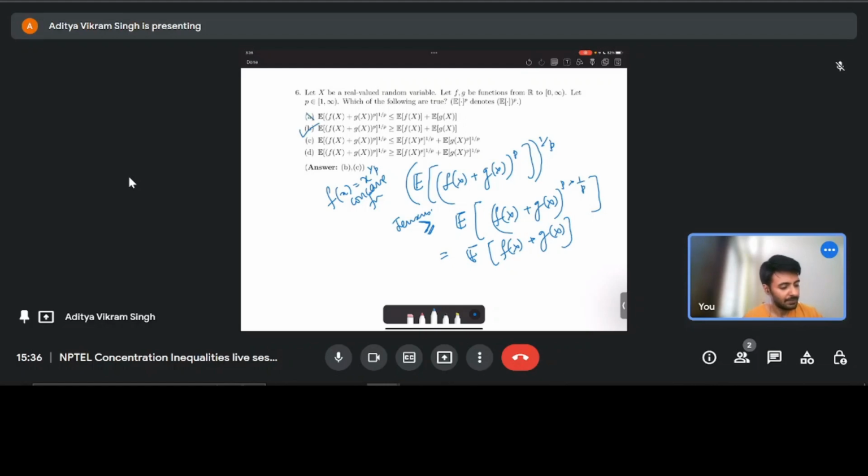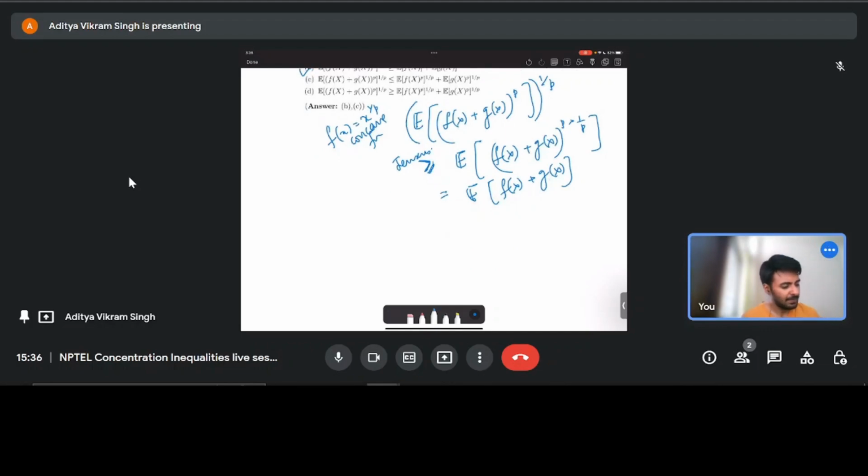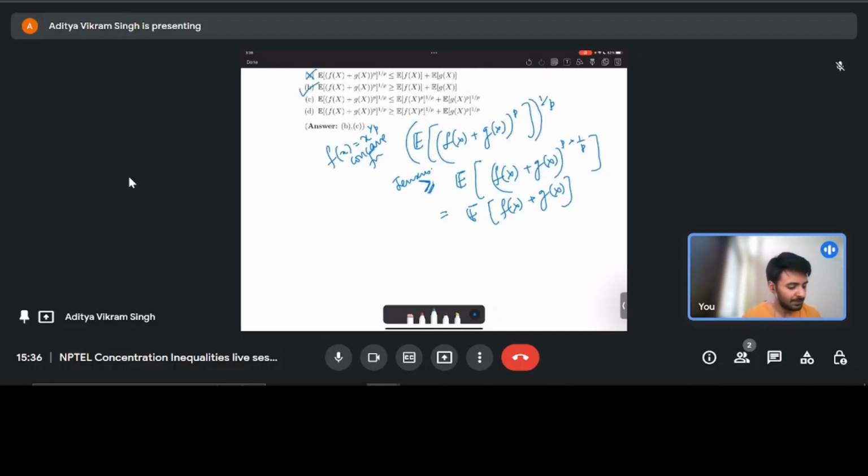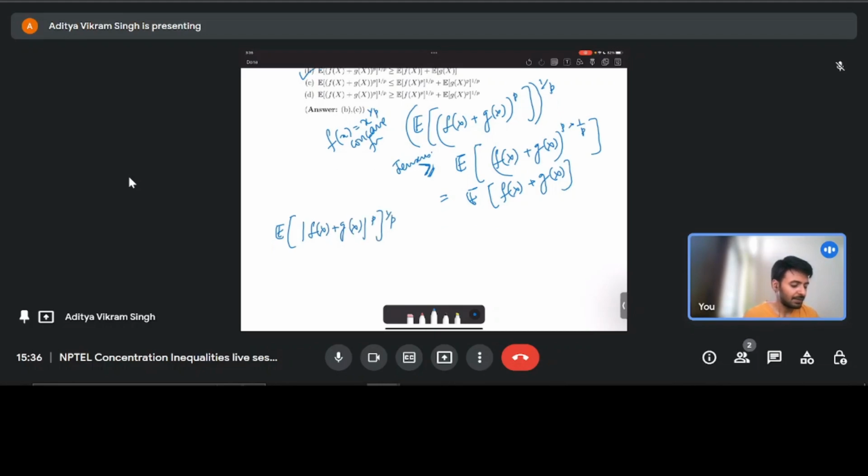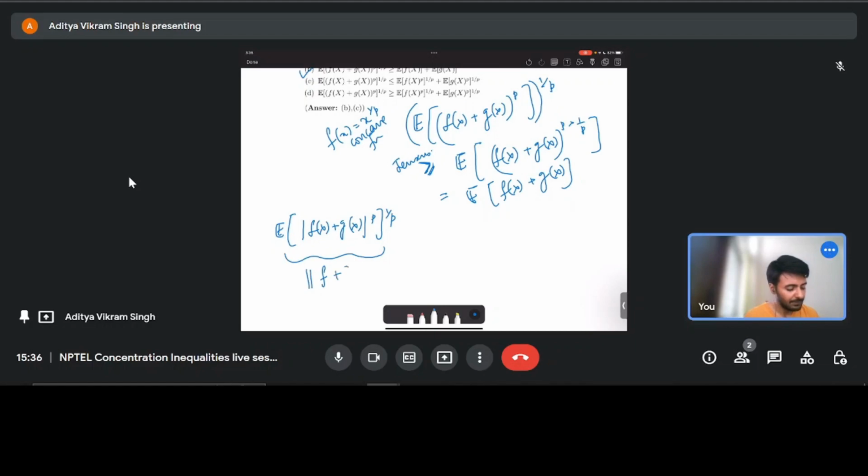C is the opposite direction, so incorrect. Okay, now since f and g are positive functions, this is the same as mod f(x) plus g(x), to the power p, to the power 1 by p. This essentially defines a norm. I don't know if you're familiar with this, but this is the pth norm of f(x) plus g(x), and this norm satisfies the triangle inequality.